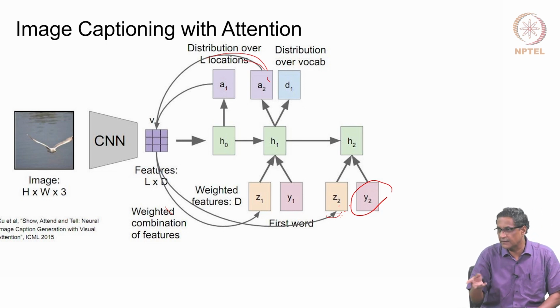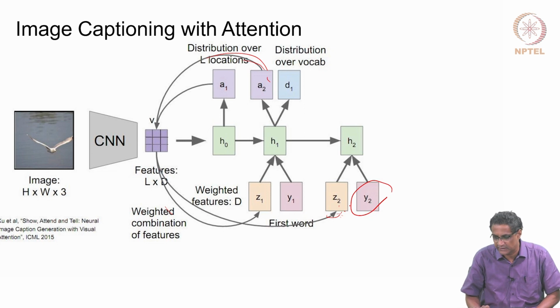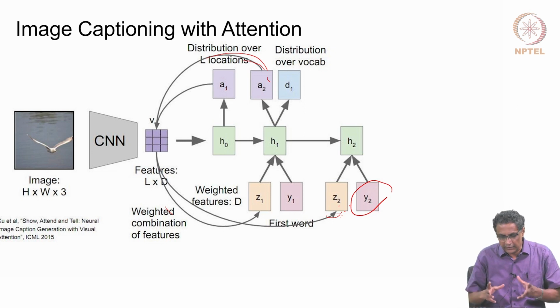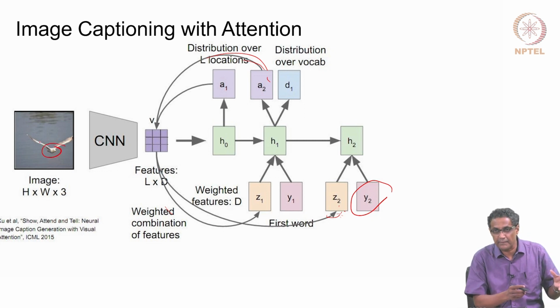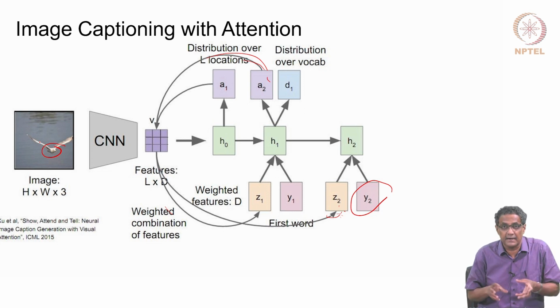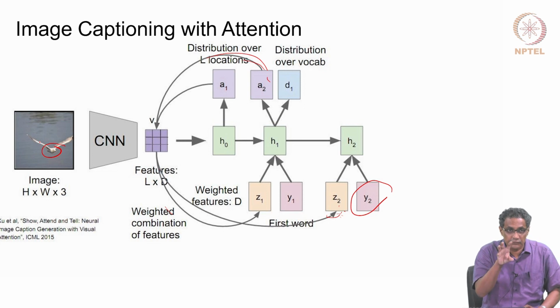So there are different kinds of attention within image captioning, and now the hope is that when a bird comes, it will probably look at this area in the image feature map. Again, this is something that it should learn on its own. We can't tell it, hey, that is the bird. It should know where the bird is.